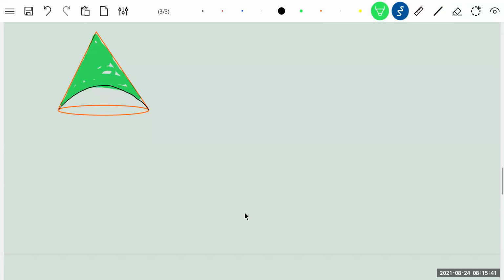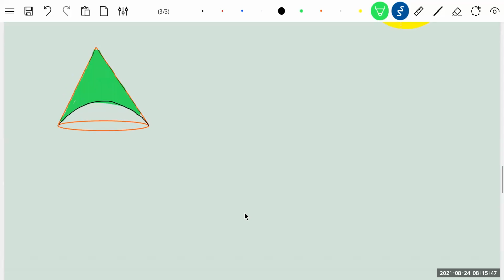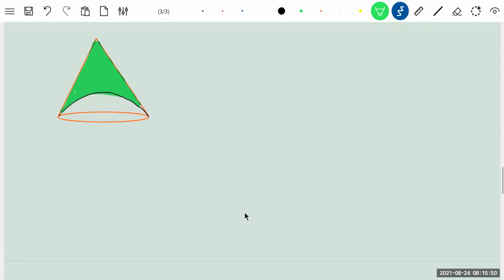So what we are doing in a solid cone is removing a hemisphere of radius r, and we want to find where the center of mass of the system will be. So let this height be 3r, and the radius of this be r.